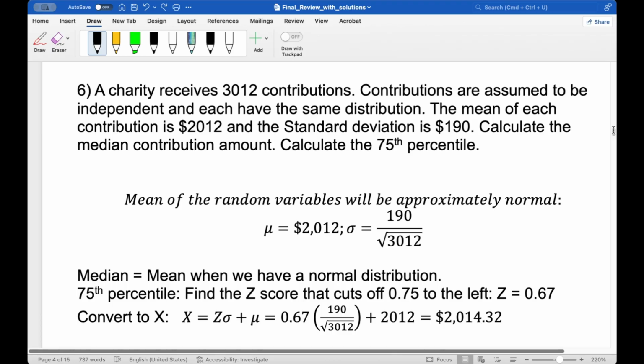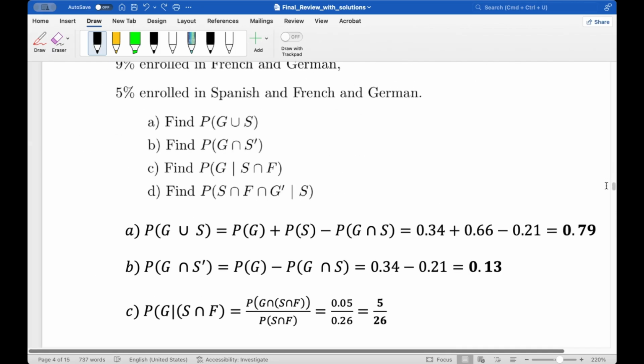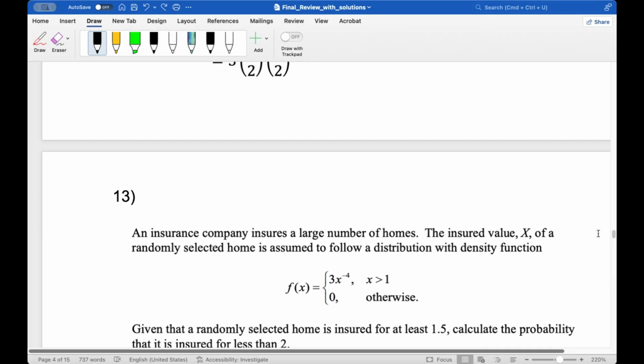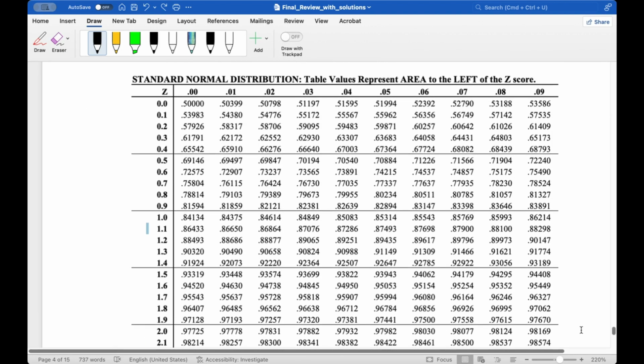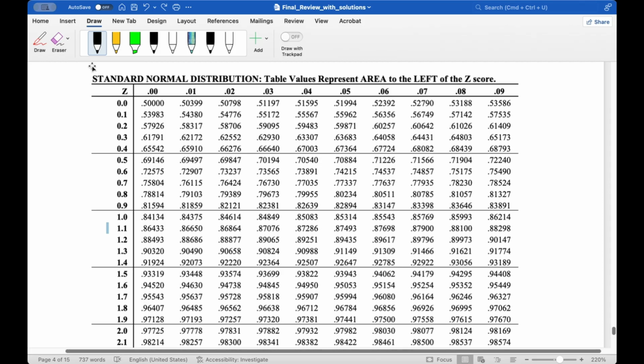In general, though, the median cuts off 50% on the left and right. Now, the 75th percentile, that's 75 on the left, 25 on the right. So we need the left-hand viewpoint for the chart. So we're going to go to 0.75 in the body of the chart, the closest thing to 0.7500.